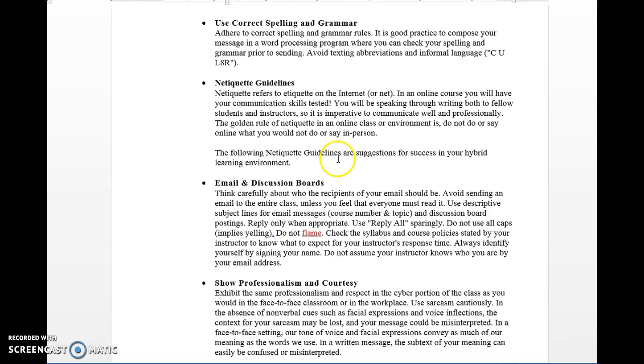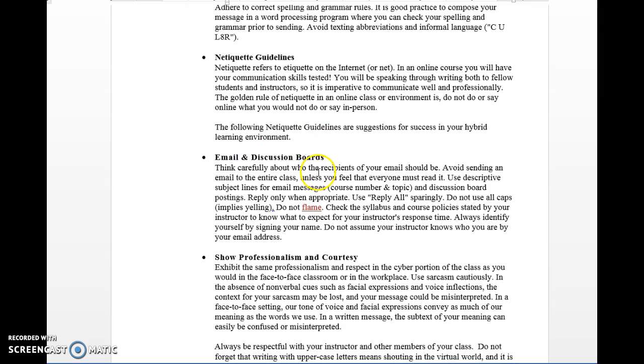Netiquette refers to the etiquette on the internet or net. So I encourage you to please read through that. Basically, okay, the golden rule of netiquette in an online class or environment is do not say or do not do online what you would not do or say in person.